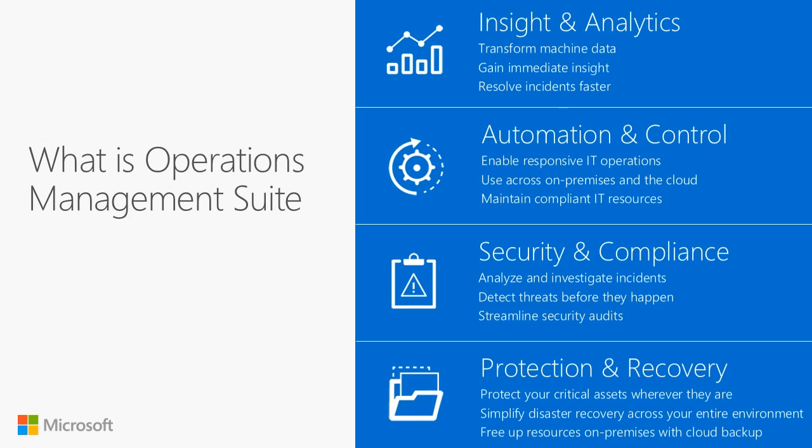So what do you get with OMS? Insight and analytics. Gain immediate insights across your workloads. Tap into operational intelligence when it matters to explore, analyze, and take action faster. Automation and control. Enable consistent control and compliance, deliver continuous IT services and remediate issues quickly at scale.